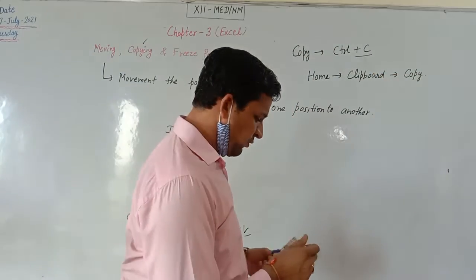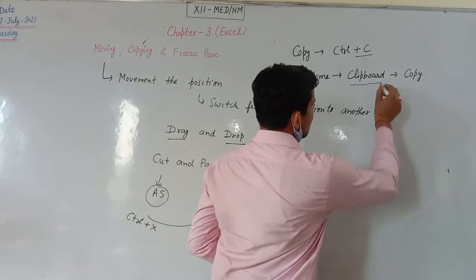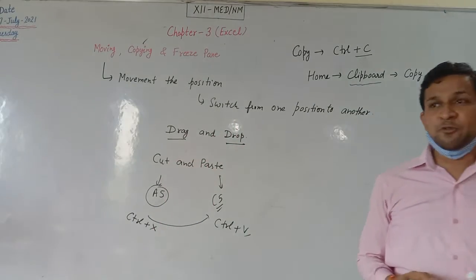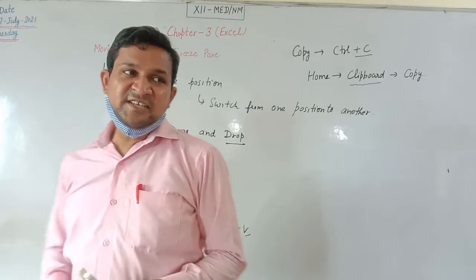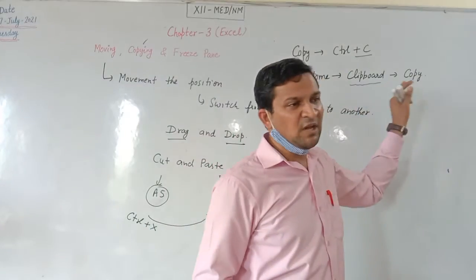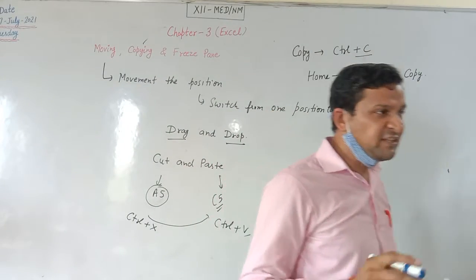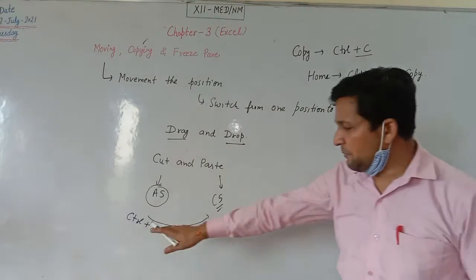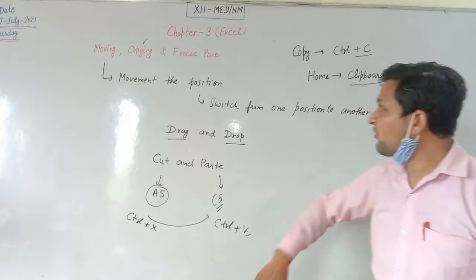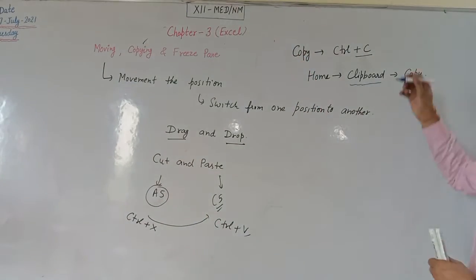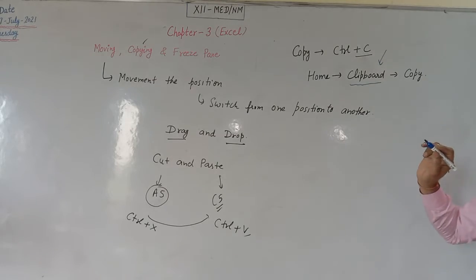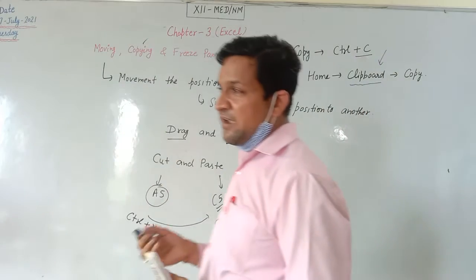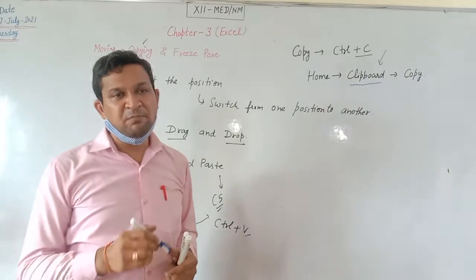What is the use of the clipboard? Clipboard is used to save the value temporarily until you paste it on another position. Anything you apply for a cut operation or a copy operation will be saved in the clipboard. Clipboard will provide the data when you paste it on any position.